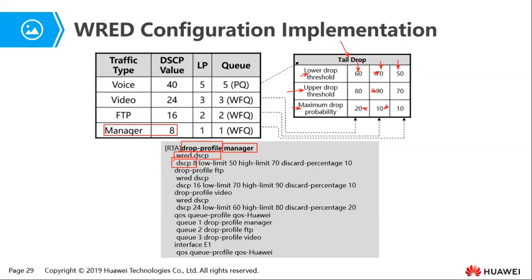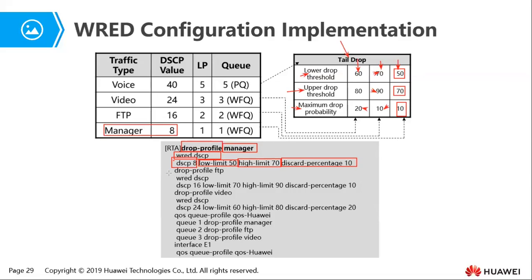Then you specify the low limit threshold to 50. So for the manager, we set it to 50. We set the high drop threshold using the high limit to 70. Then the discard percentage, which is the maximum drop probability, we set it to 10 here.